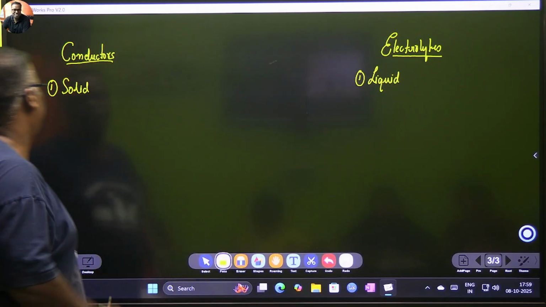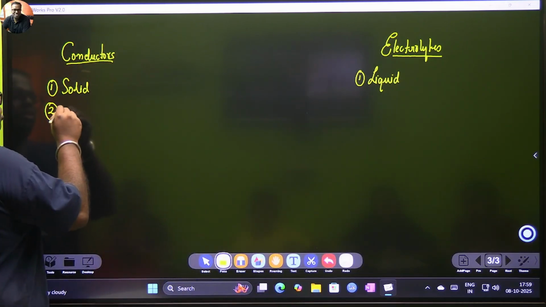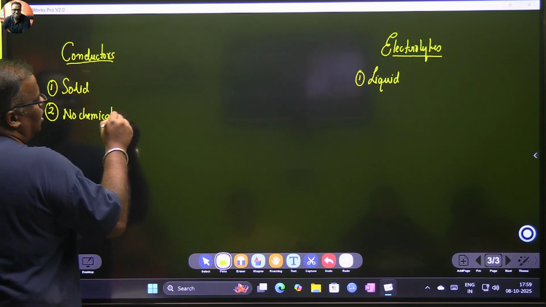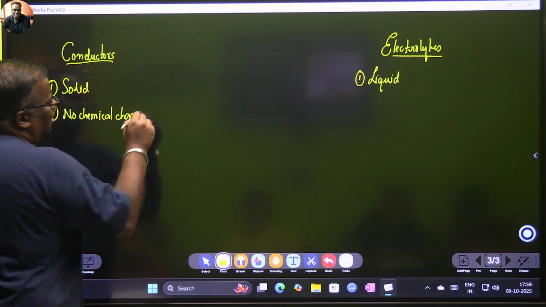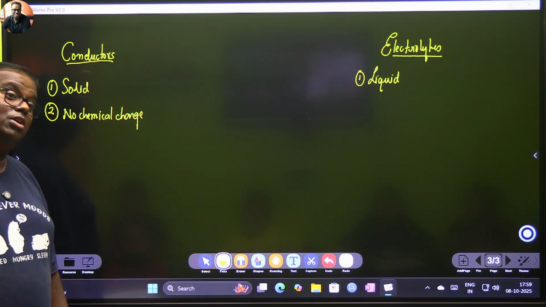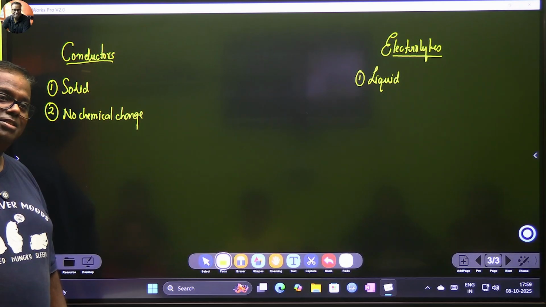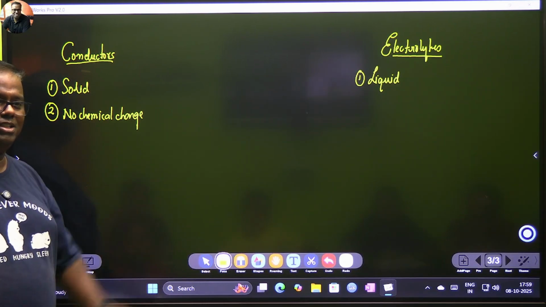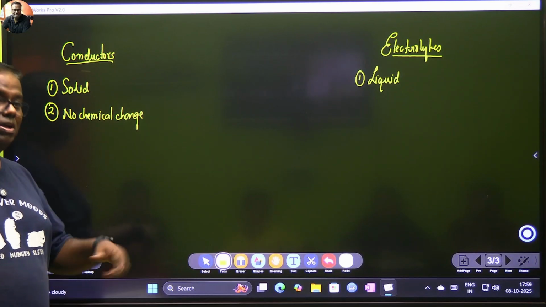Second, no chemical change. Are they so lucky that they should not undergo any change? They do undergo change: heating, magnetic. When you pass electricity through a wire, doesn't the wire get heated? Yes. Don't we make an electromagnet out there?